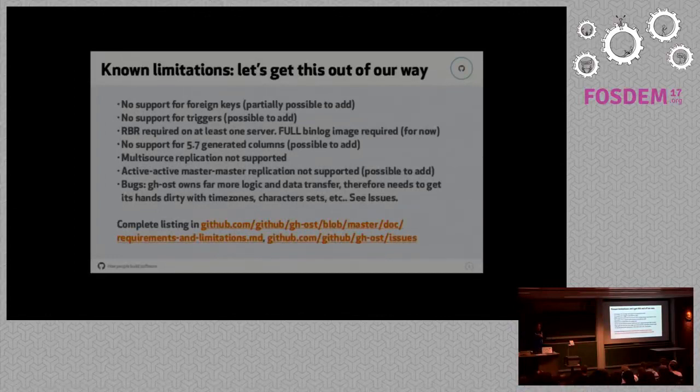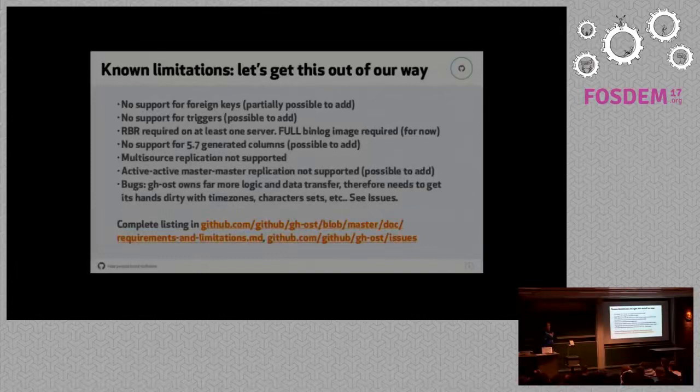It requires row-based replication for now, and it requires a full RBR image, which should not be too much of an issue for most people. Generated columns in 5.7 are not yet supported. Same for the similar feature in MariaDB. Multi-source replication is not supported. Well, it probably works somewhat, but it's not really tested. So probably don't use gh-ost with multi-source. If you use an active multi-master, then gh-ost is not the tool you want to use. It might be possible to add that later.